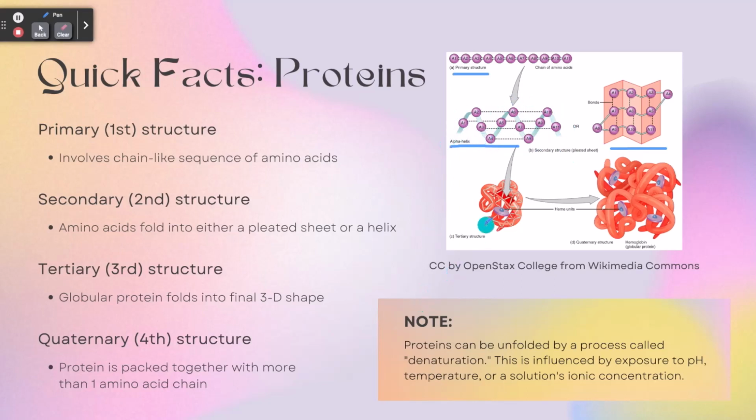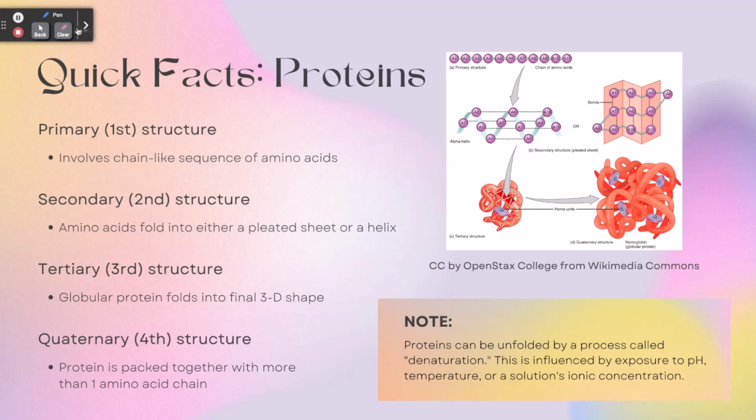With the tertiary structure, it's not exactly a sphere, but it's kind of clumped together, and it's in the process of folding into its 3D shape. And then the quaternary structure involves proteins being clumped and packed together here. The example being provided here is hemoglobin.